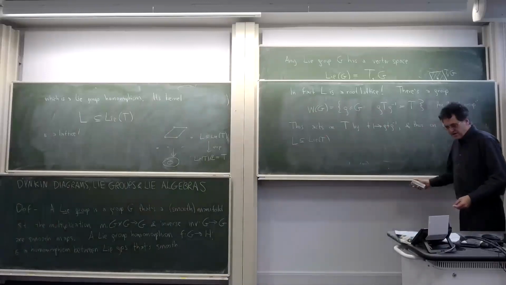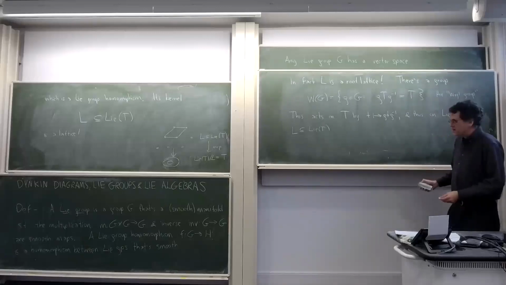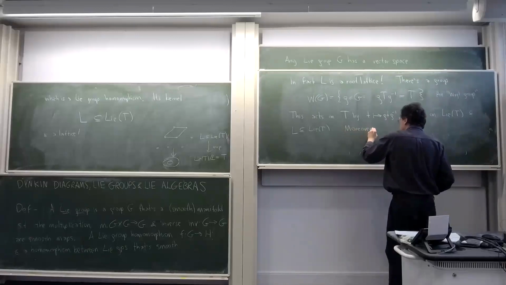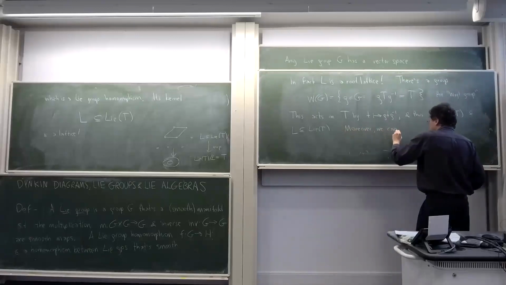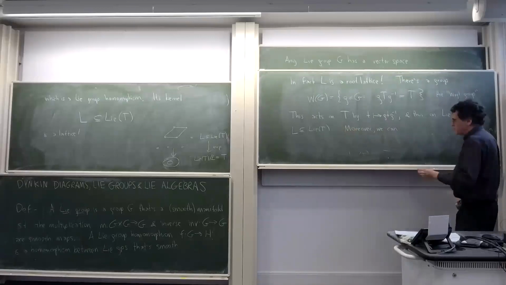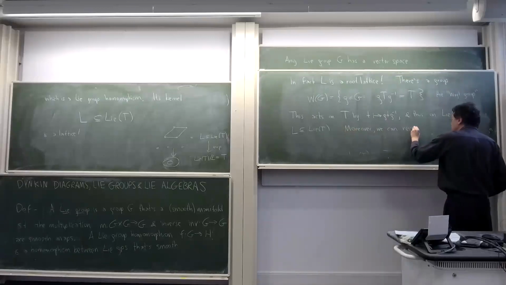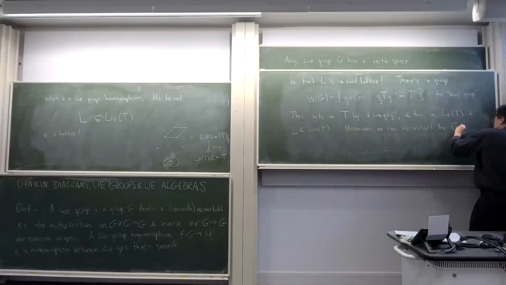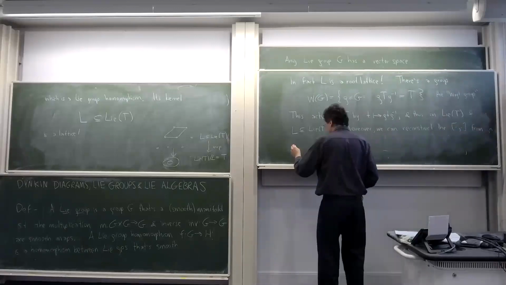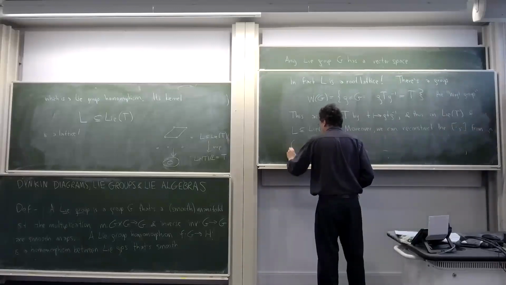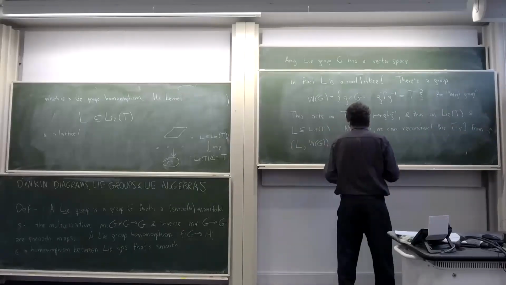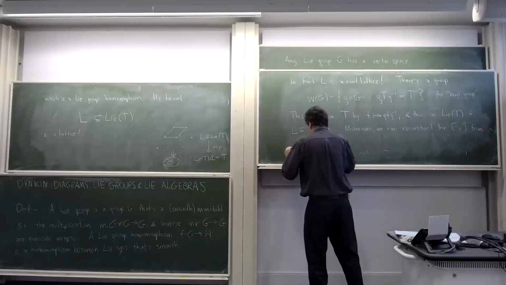So sorry, it's very sketchy, but the real big news is that moreover, and this is the least believable claim, we can reconstruct the Lie algebra, the bracket, from the lattice and this group acting on it.